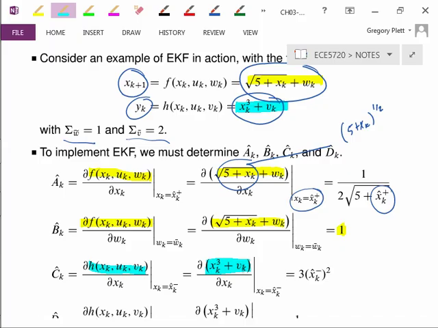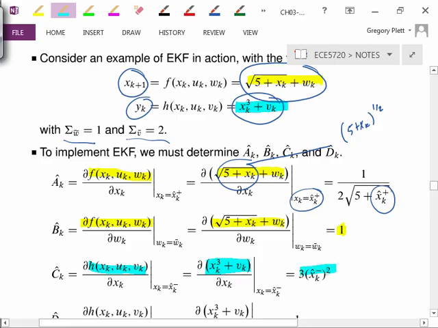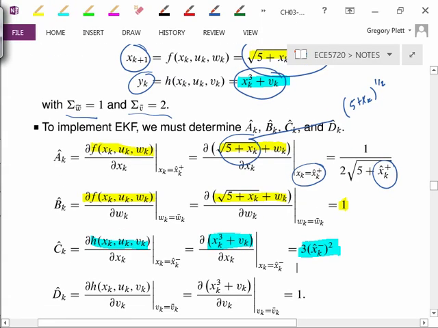And so the 3x squared, we substitute the x with x hat k minus, and our final answer is going to be 3 x hat k minus squared. The last is D hat, which again takes the partial of h with respect to v, and h is again x cubed plus v, and taking the partial of that with respect to v gives me 1.